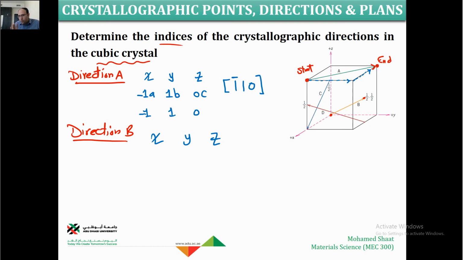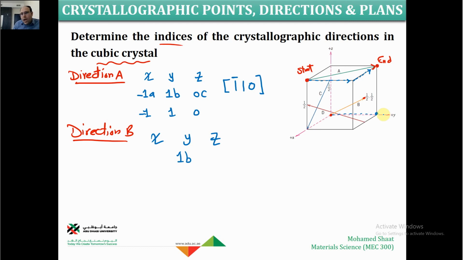From the start point, try to move to any one of the 4 corners of this face. So I'm going to move parallel to Y, this entire distance. I reach this corner which belongs to this face. It means that you're going to move the entire B edge in positive Y, so it is 1B along Y.